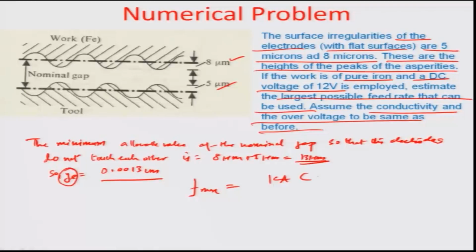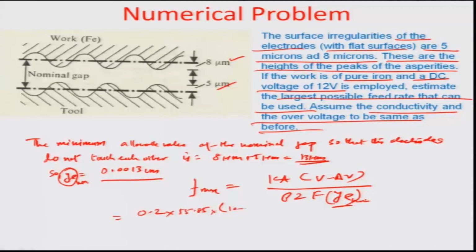which would depend on Ka times V minus delta V divided by rho Z F times this YE, and this YE maximum or YE minimum that can be allowed has been given out to be 13 microns. So, if I substitute the values of K 0.2, 55.85, V minus delta V divided by 7.8 times 96,500 times plus 2 valency state times this 0.0013 centimeters, what I get is 3.57 centimeter per minute.